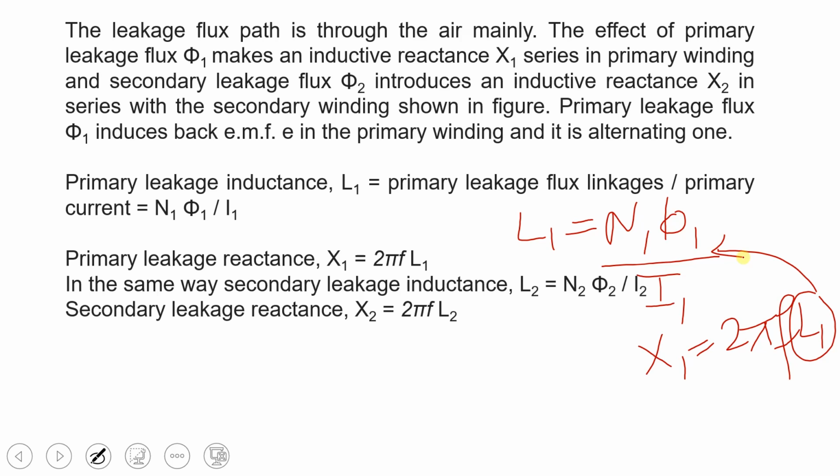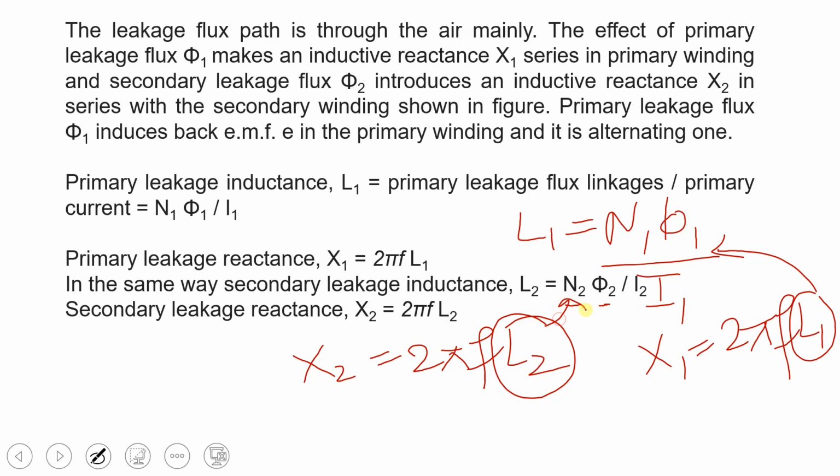In the same way, secondary leakage inductance L2 is equal to N2 phi 2 upon I2. N2 is the number of turns on the secondary side, phi 2 is the leakage flux due to current I2, and I2 is the secondary current. So X2, the leakage reactance, is given by 2 pi f L2, and L2 is found from this value.